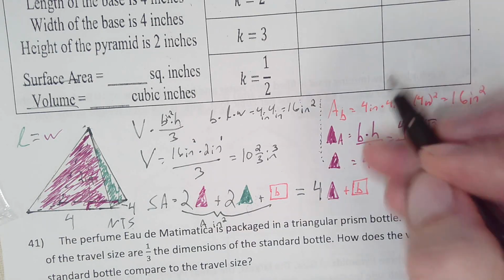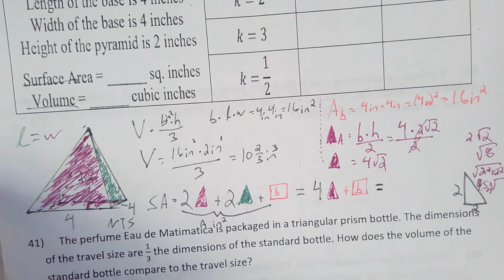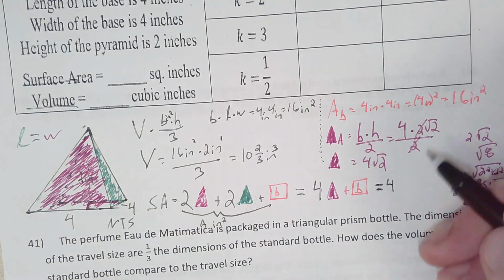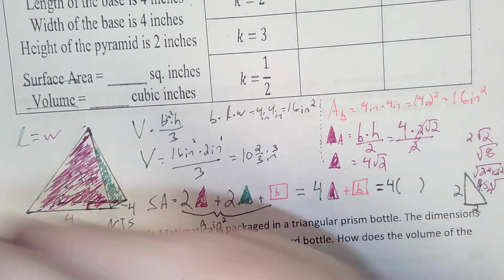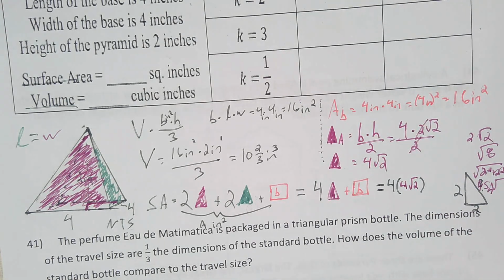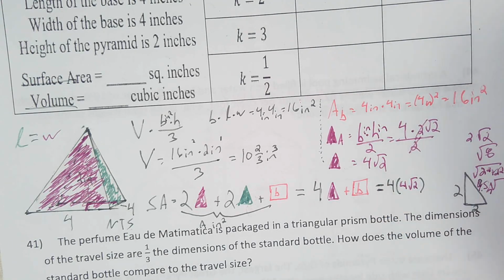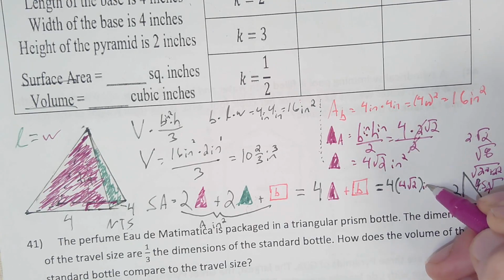This is going to be equal to my surface area. Finally, it is going to be equal to 4 times 4 square root of 2 plus 16 inches. Oh, and of course, I did it again. Inches squared.